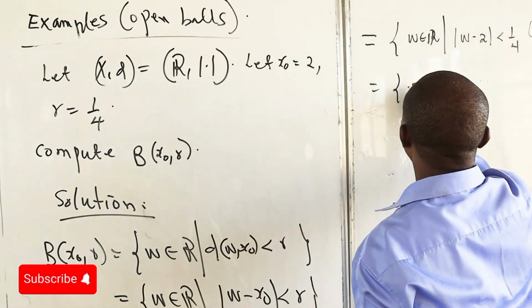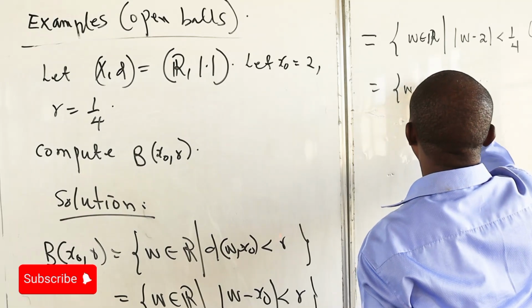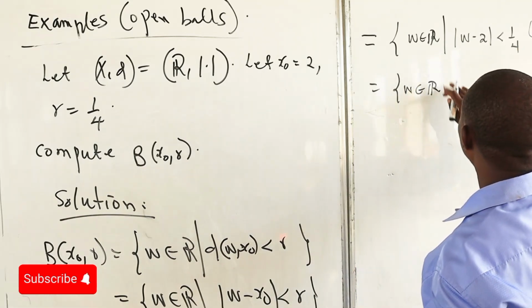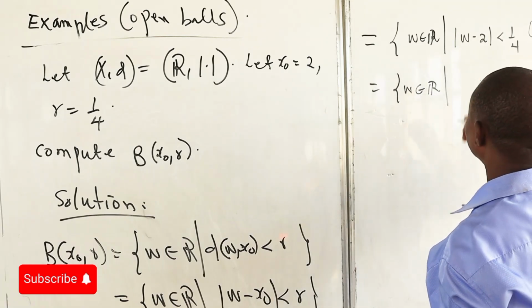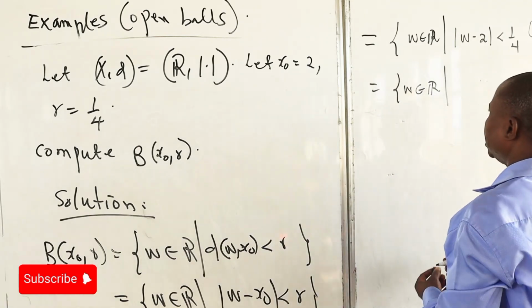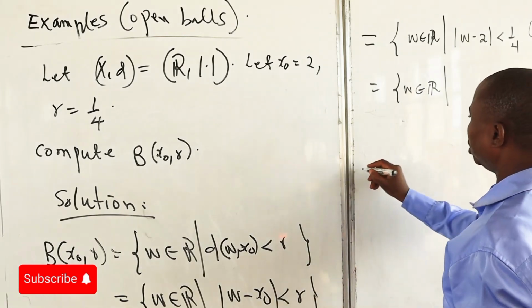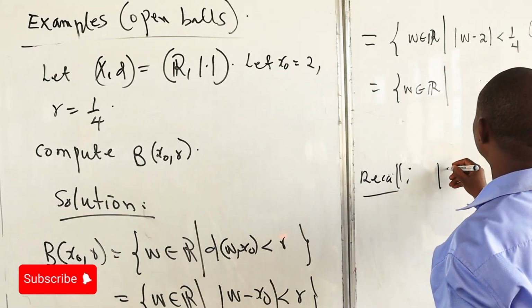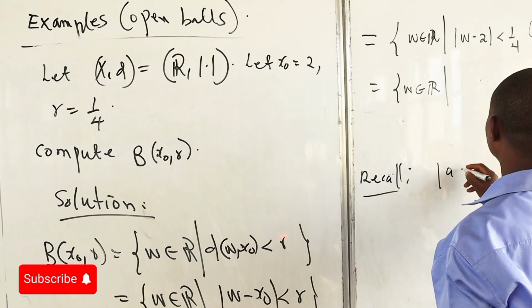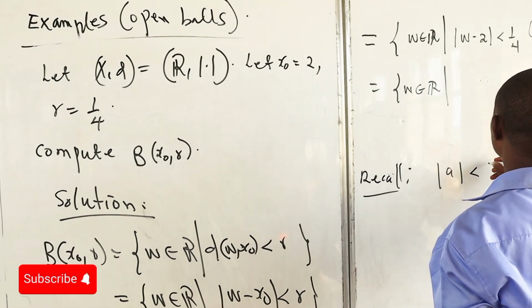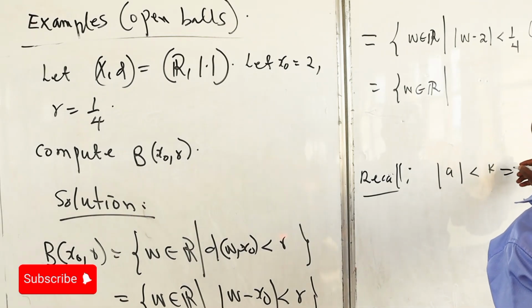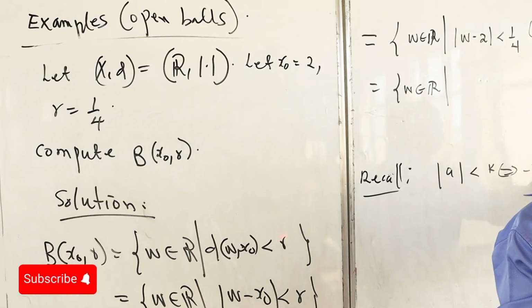This is again the same as all w in R such that, if you remember the properties of absolute value, let me recall that, then we use it here. So if we recall that the absolute value of a is less than any positive number k if and only if minus k is less than a, and this is less than k.